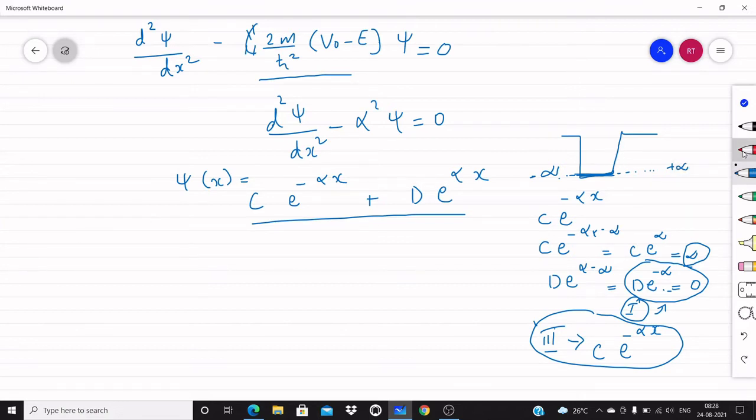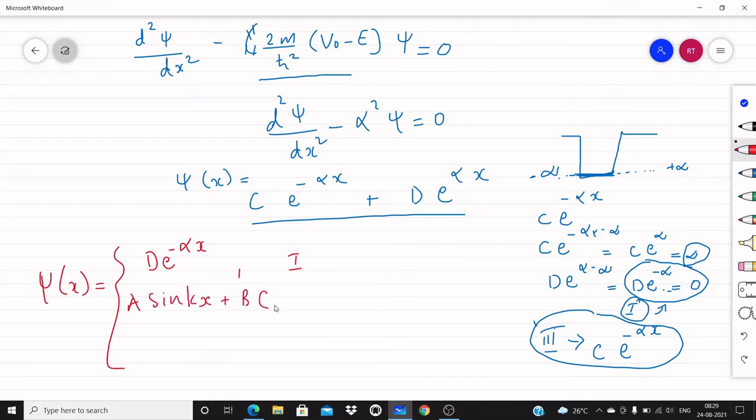Wave function psi of x is equal to d e raised to minus alpha x for region 1, and in region 2 we already have a sin kx plus b cos kx, so we need not worry about that.